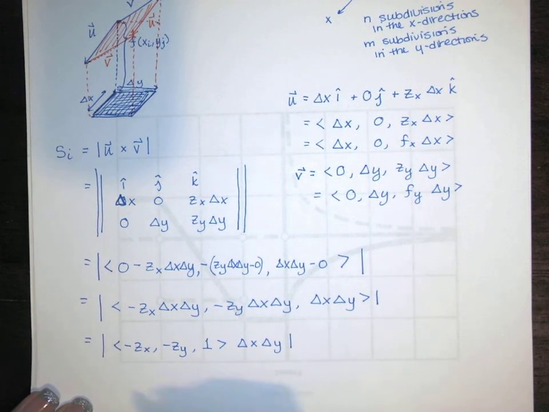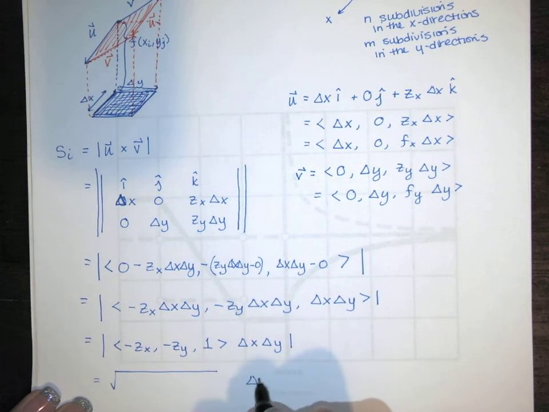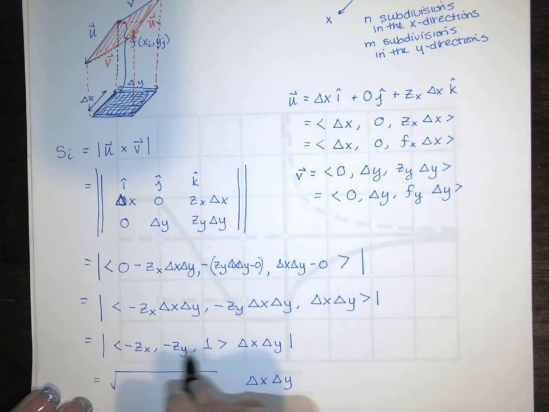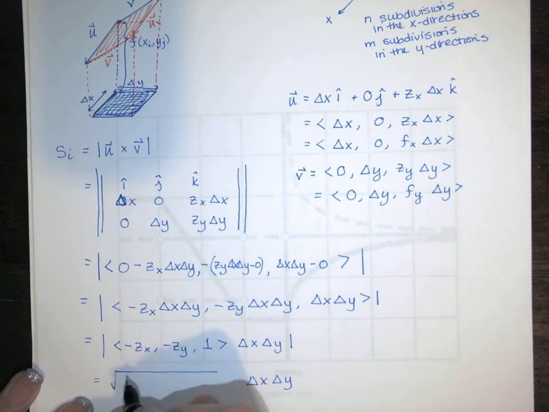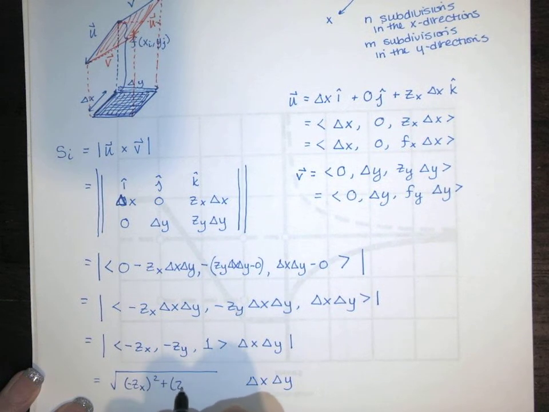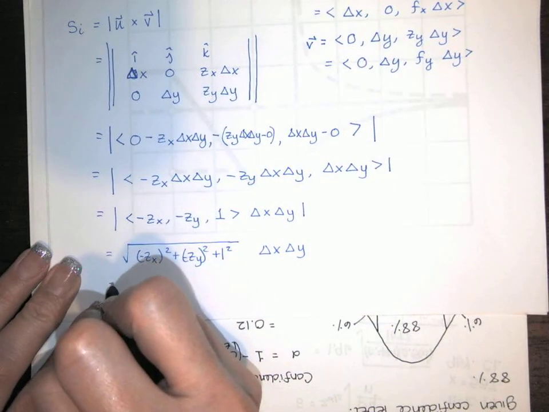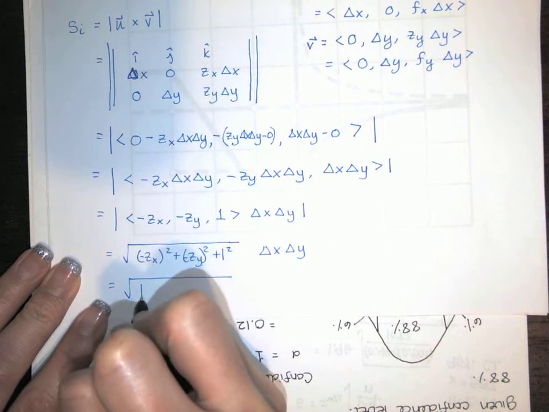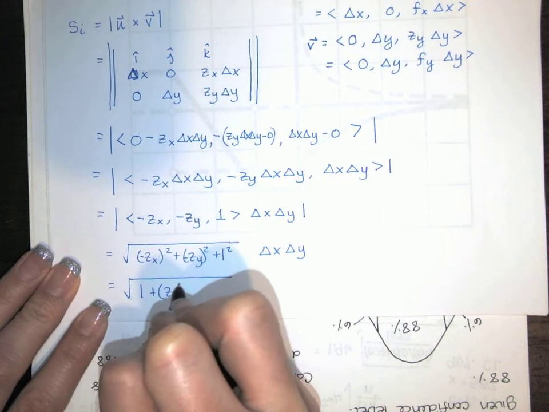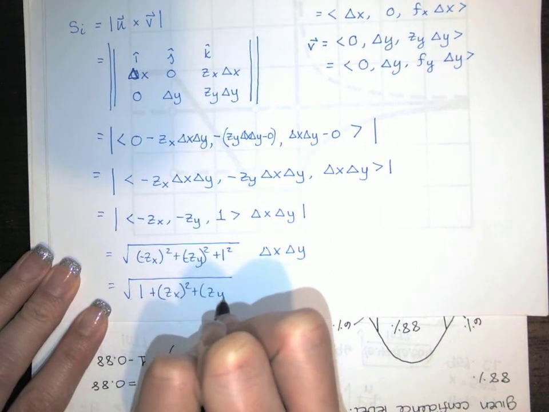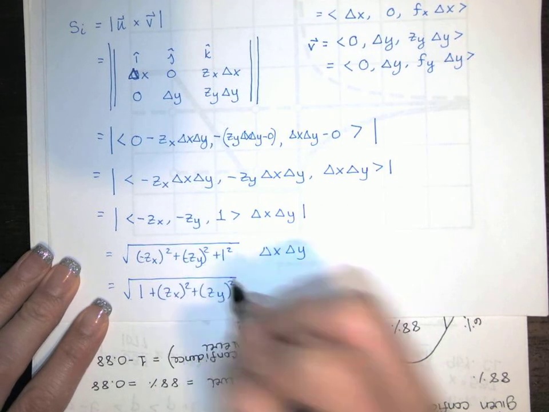We'll assume that delta x and delta y are always positive. And then we take this vector, we take the components, we square them, add them, and take the square root. That's how we find the magnitude of a vector. And typically it's written in the reverse order. And if you take a negative number and square it, it's positive.